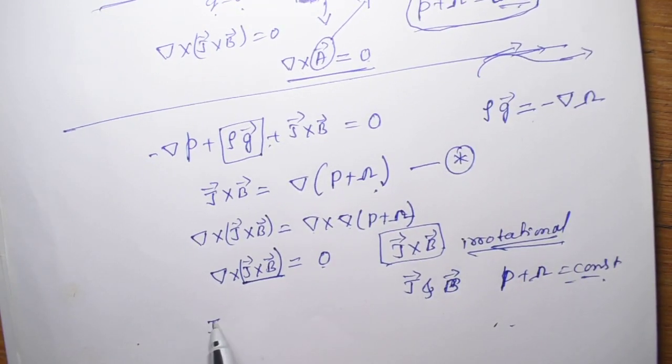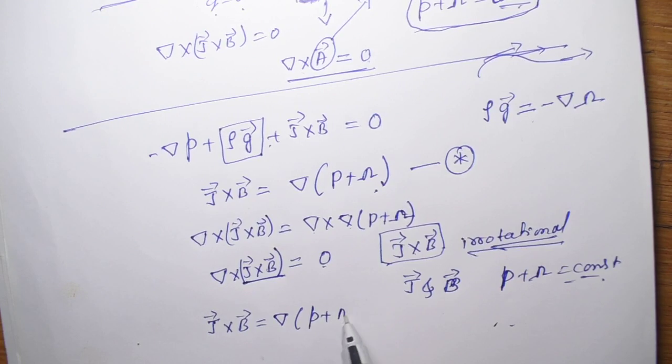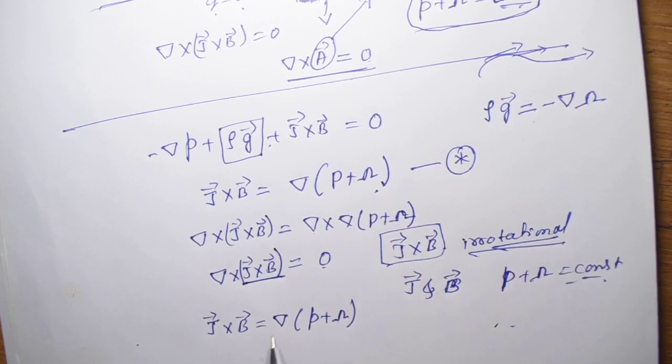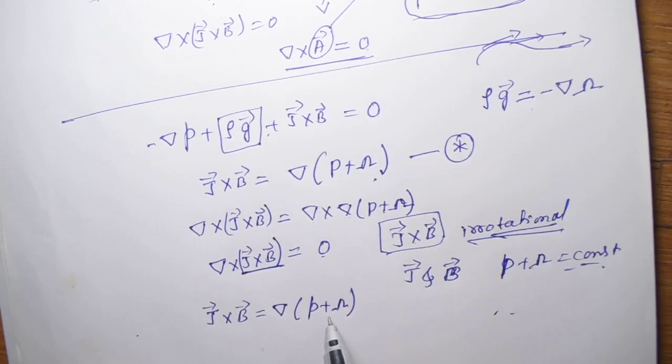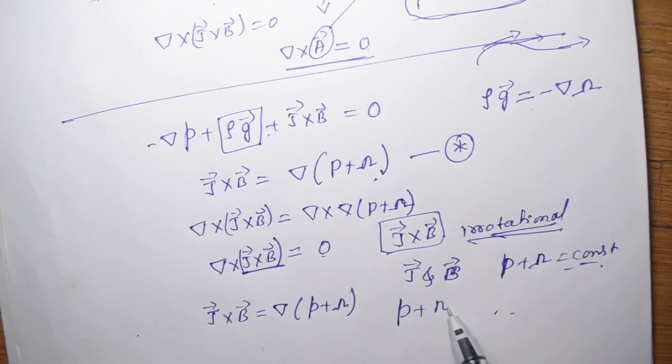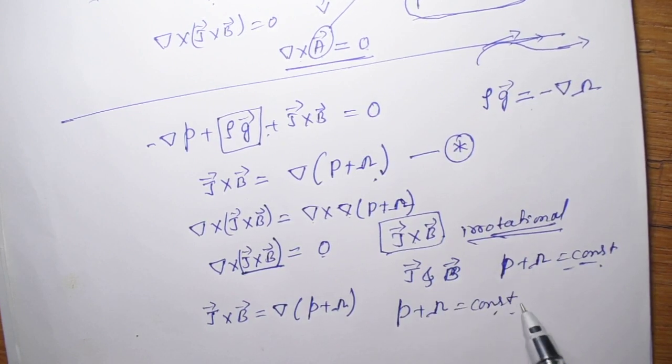It says J cross B is equal to gradient of P plus omega. Is it right? Now I am going to consider the surface P plus omega is equal to a constant.